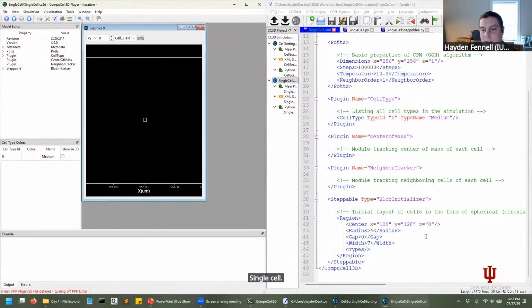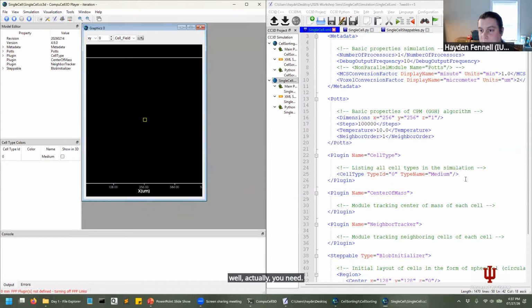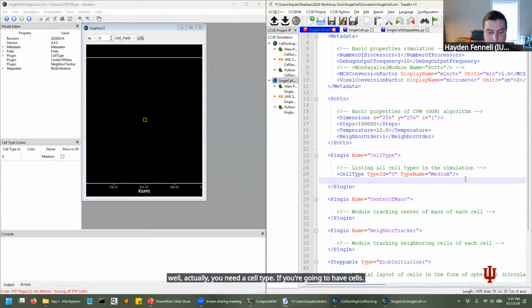Oh, well, actually you need a cell type if you're going to have cells. So let me put that in. Forgot to specify a cell type.